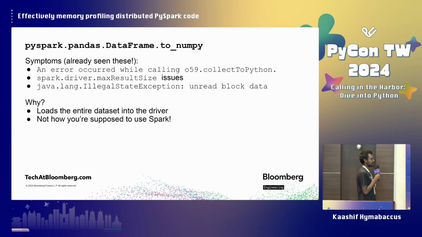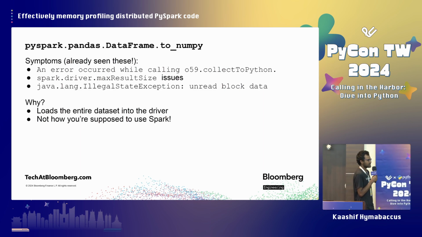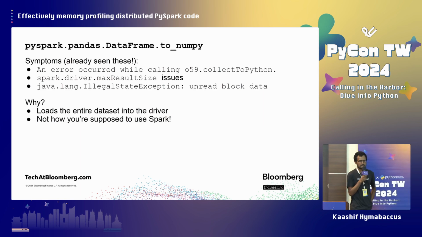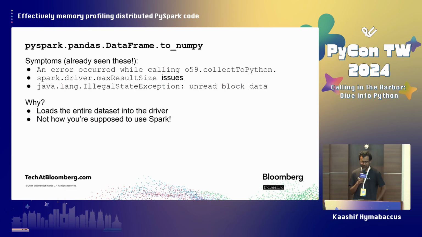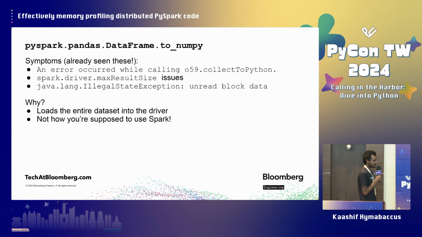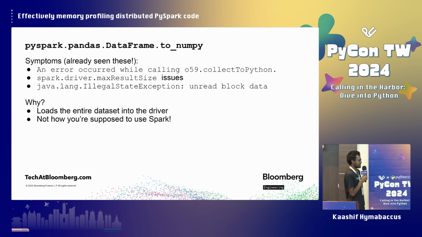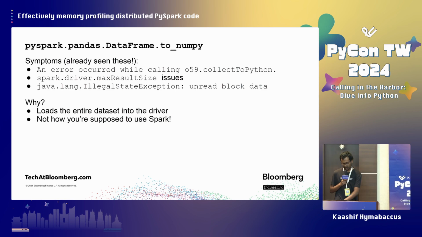If you have pandas code that runs all on one machine, you are probably going to have to do some work, and maybe not rewrite the code entirely, but do some thinking about how to distribute that. In this case, it was super obvious. This example is constructed to do the wrong thing and load the data set into the driver. But this is not how you're supposed to use Spark, and we'll see how to correctly use Spark later on.